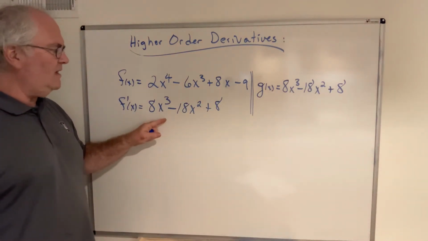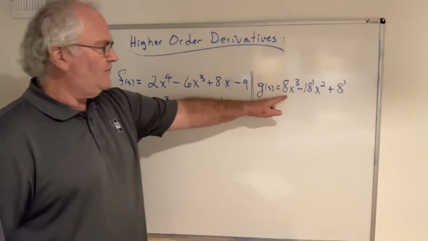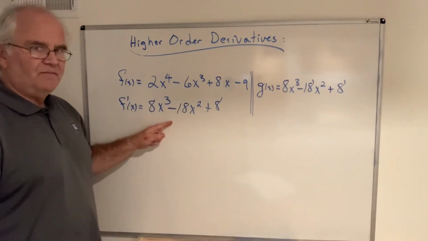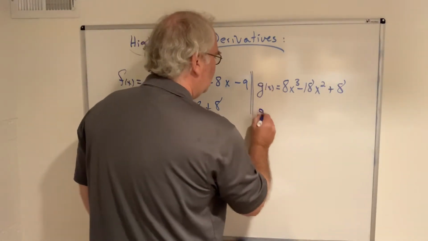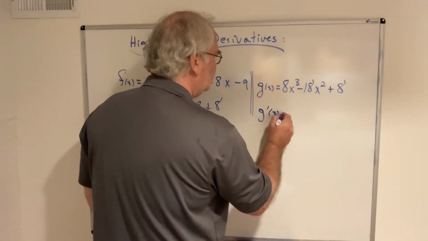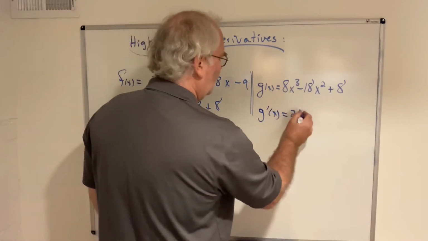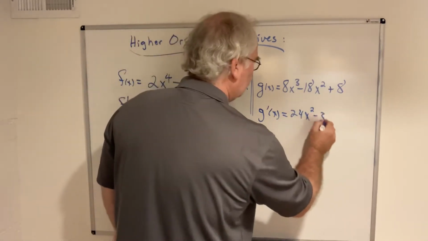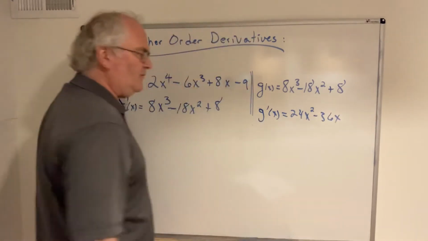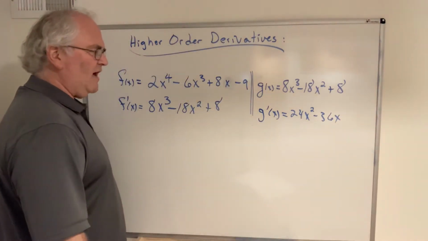I'm going to be finding the derivative of the derivative. Now, that can be done, no problem here. This is g prime of x is 24x to the second minus 36x. That would be wonderful. We can certainly find the derivative of that function.